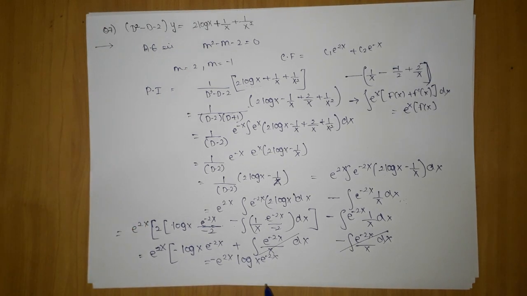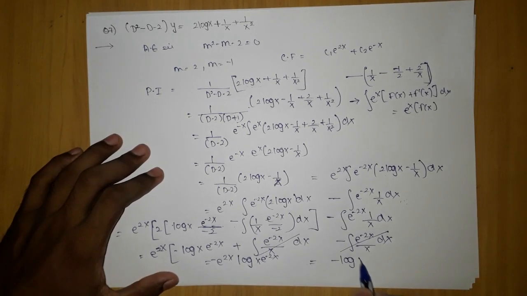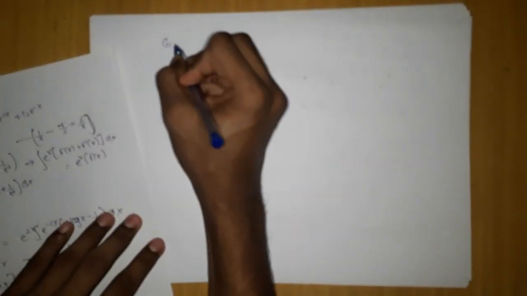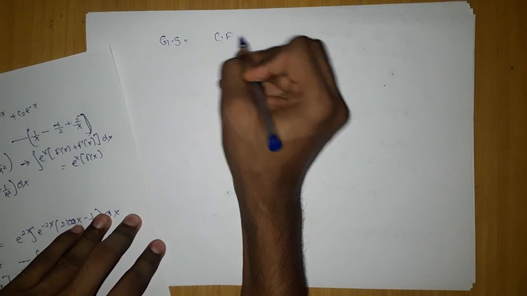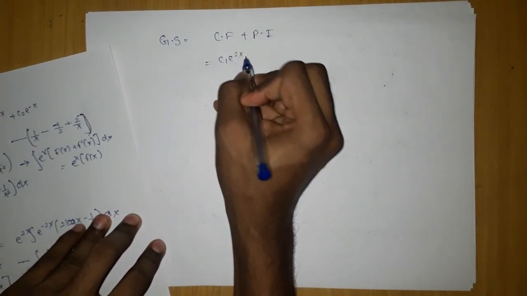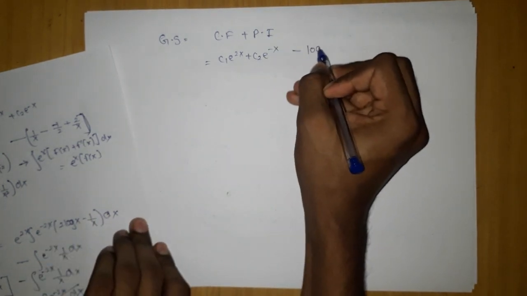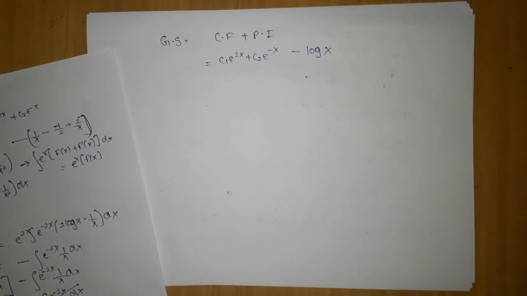This is plus, this is minus, so they cancel, and minus log x is our particular integral. So the general solution is the complementary function plus the particular integral, which gives us c1 e to the power 2x plus c2 e to the power minus x, and minus log x as our particular integral. So this is our answer.